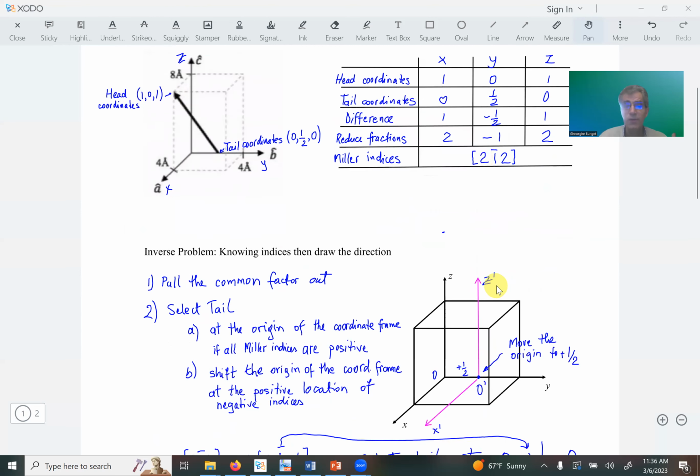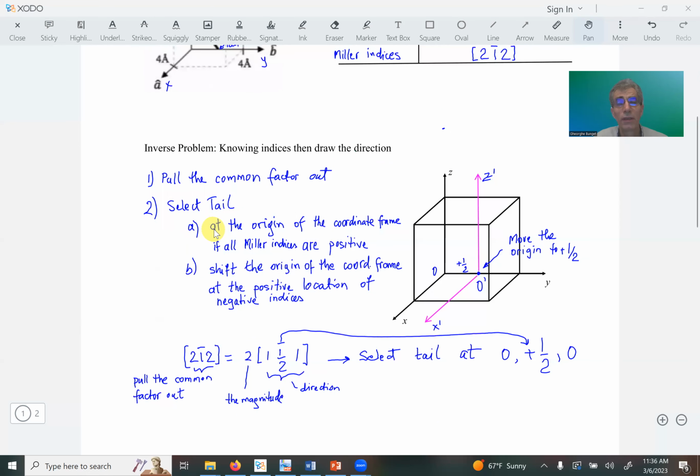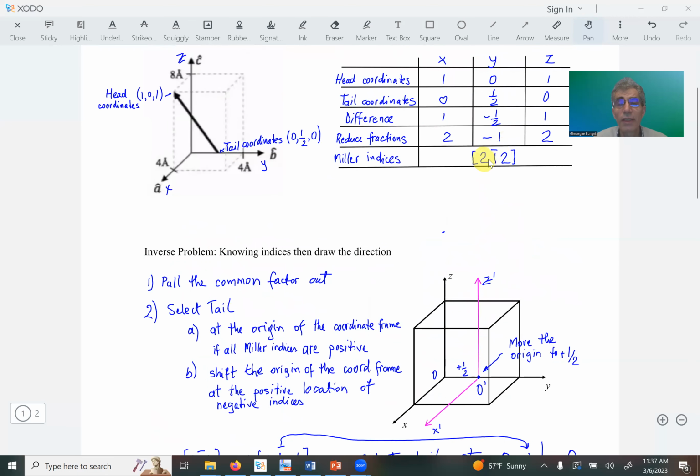Now suppose we have the inverse problem: we are given the Miller indices, in this case 2, 1 bar, 2, and we are asked to draw the direction. This is the procedure. First of all, we realize we have a common factor.